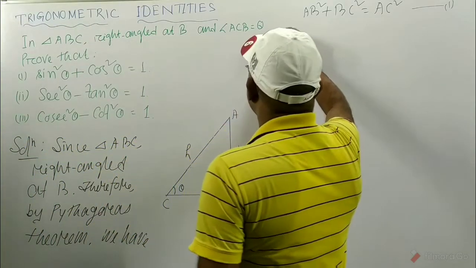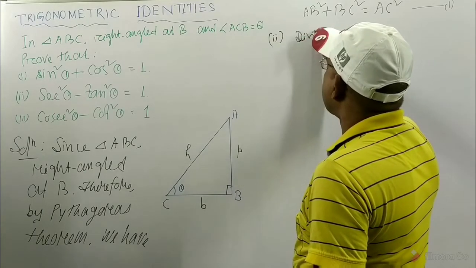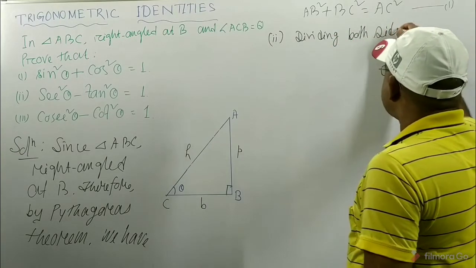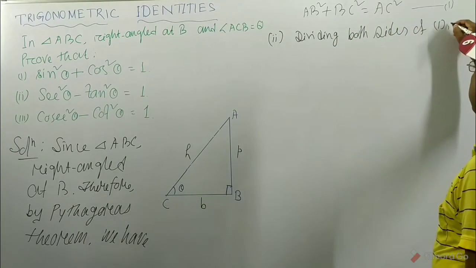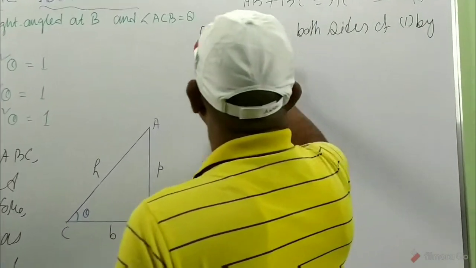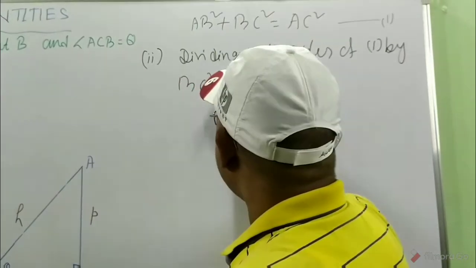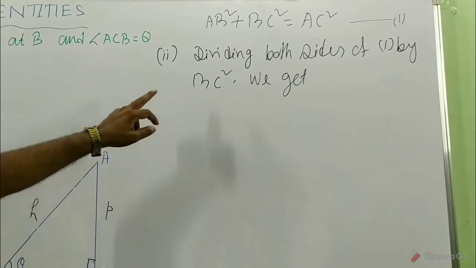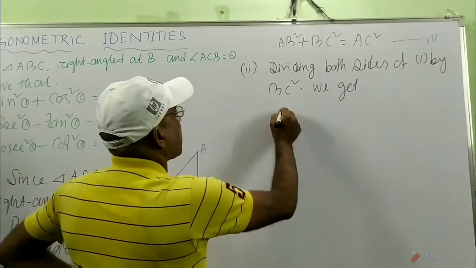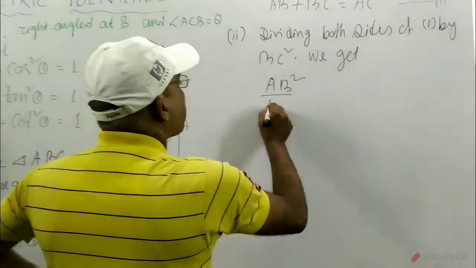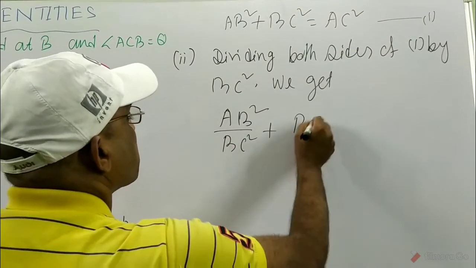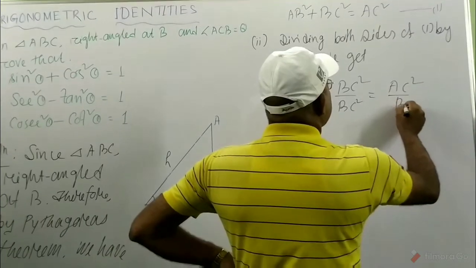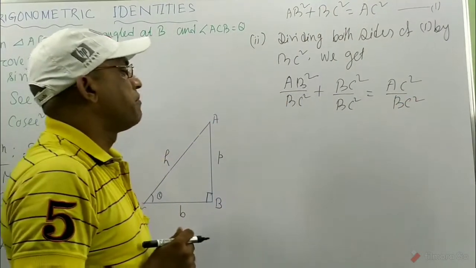Now you want to prove number 2. Dividing both sides of 1 by BC square, we get AB square by BC square plus BC square by BC square equal to AC square by BC square.